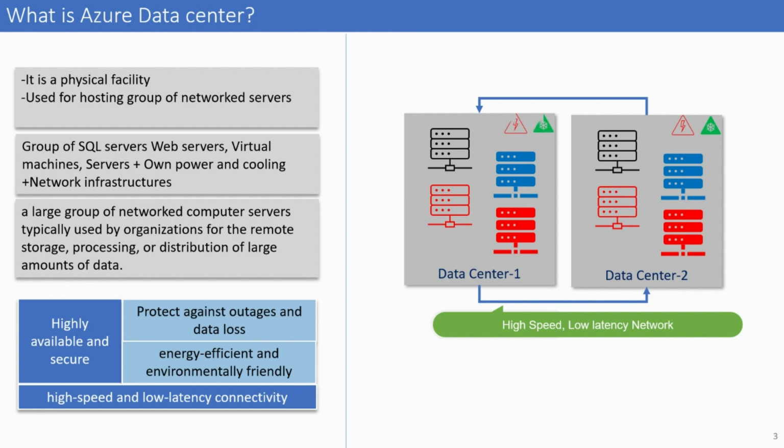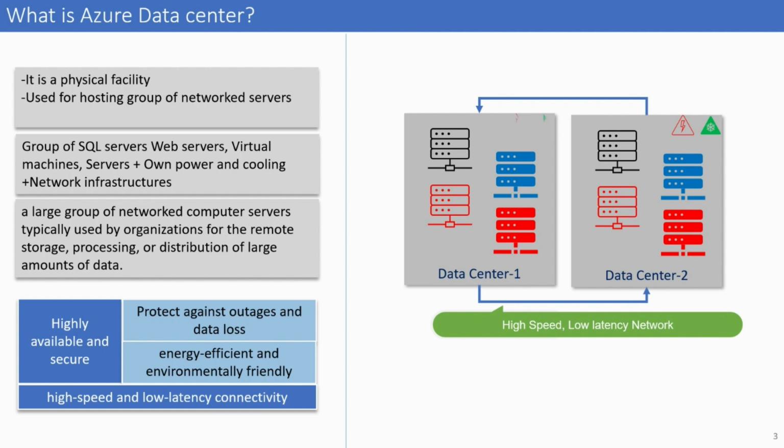These physical centers are used for hosting networked computers, say a group of SQL servers, web servers, virtual machines. These facilities have their own power and cooling unit, and they are highly available and secured, designed with multiple layers of security and redundancy to protect against outages and data loss.